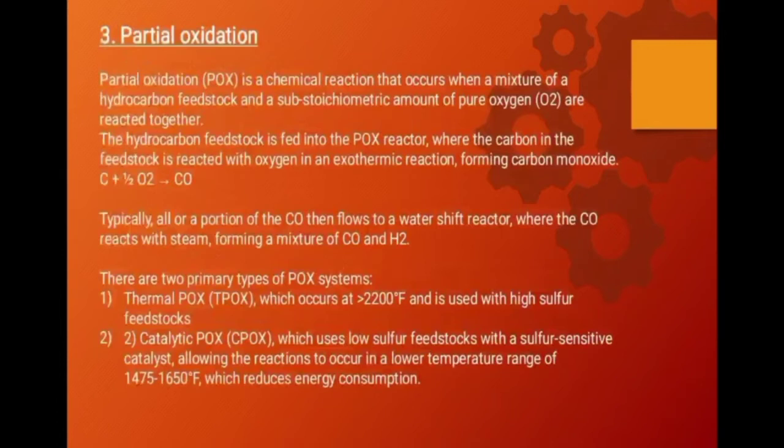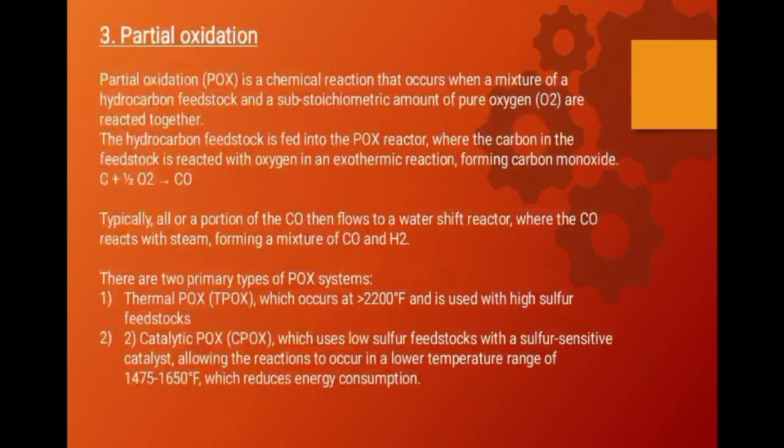The second one is catalytic POX, or CPOX, which uses low sulfur feedstock with a sulfur sensitive catalyst, allowing the reaction to occur in the lower temperature range of 1475 to 1650 degrees Fahrenheit. So the advantage of the second primary type of POX is that it reduces energy consumption.